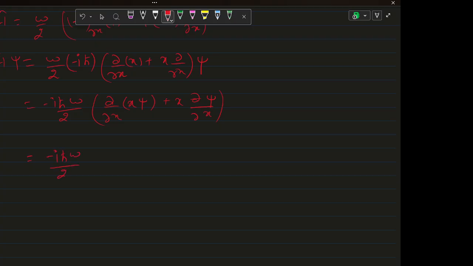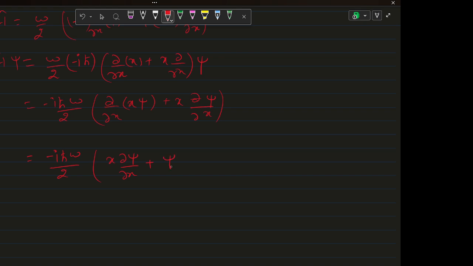Now solve it. What we will get? x ∂ψ/∂x plus ∂x/∂x, which will be 1.